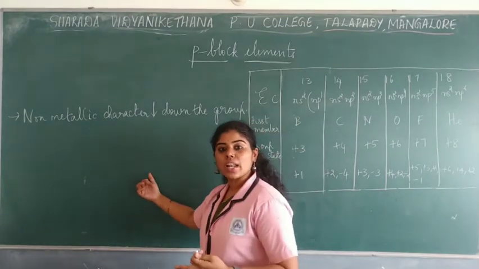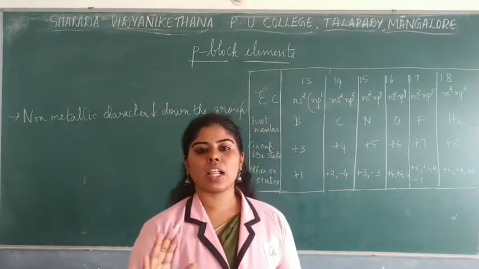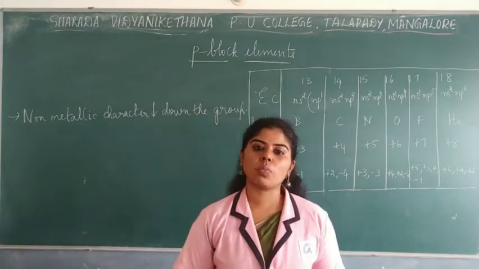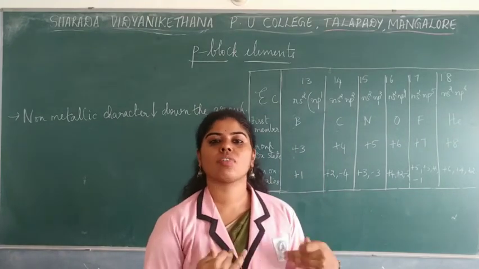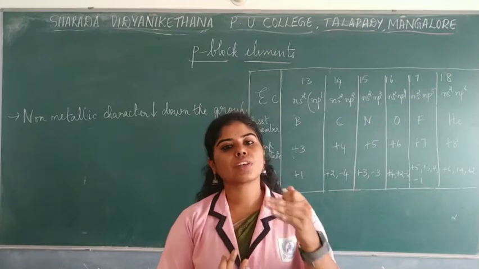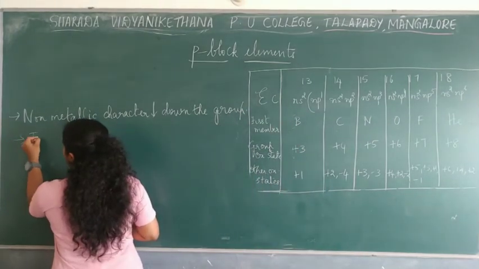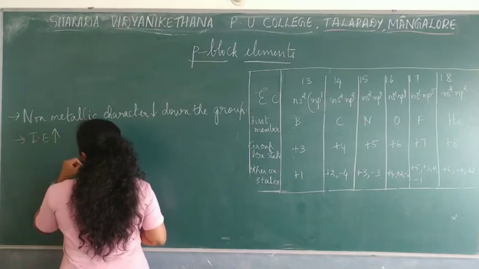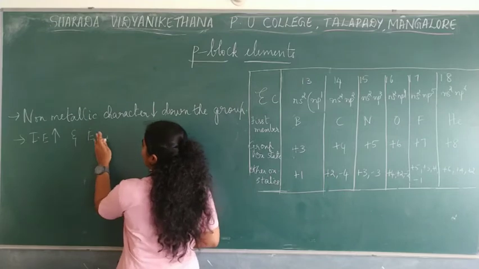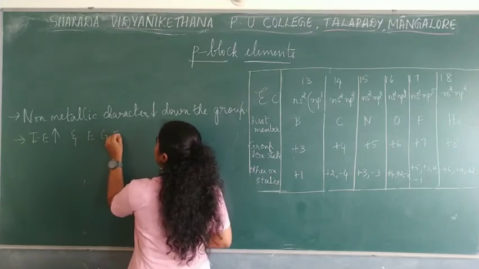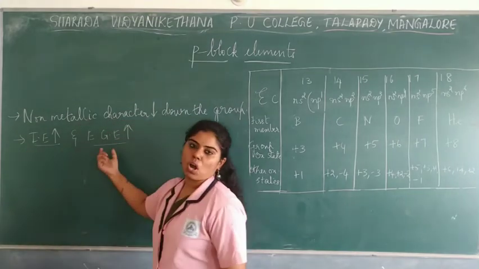The ionization energy will also increase, as well as in the p block elements, when they attain the noble gas configuration, the energy which is released when they gain an electron will also be more. Hence, electronegativity will also be more. So that's what it says, that ionization energy increases and electronegativity or electron gain enthalpy will also increase for the p block elements.